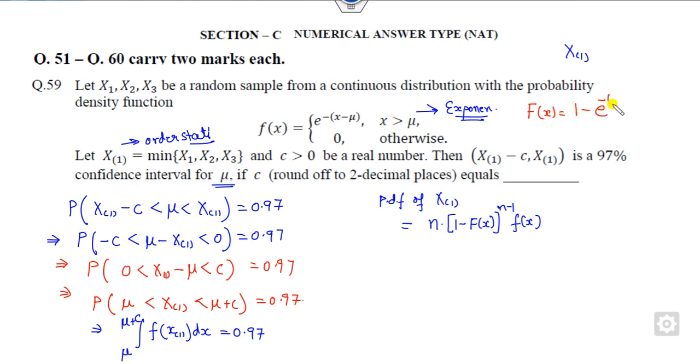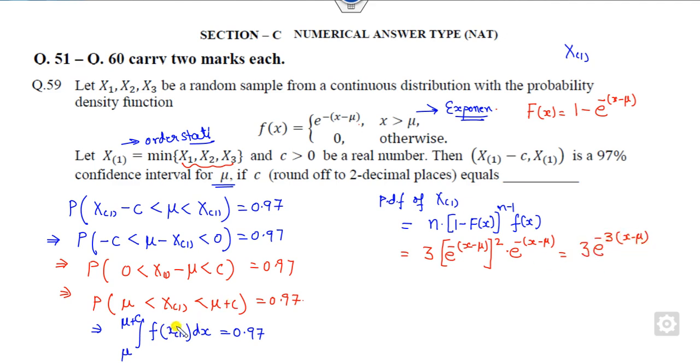Here 1 minus the CDF is the exponential term. We can substitute n, how many are there? 3. So this is 3, 1 minus this is the power of 2, and the PDF is e raised to the power of this. So this is 3 e raised to the power minus 3 times x.